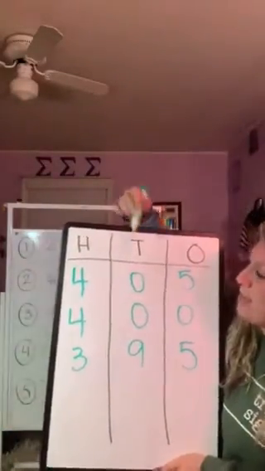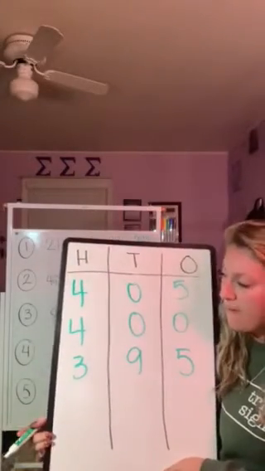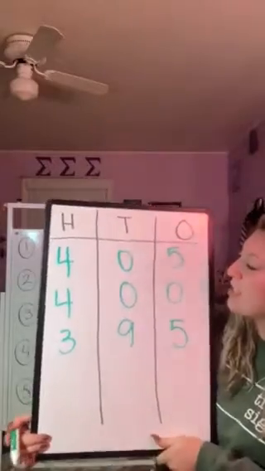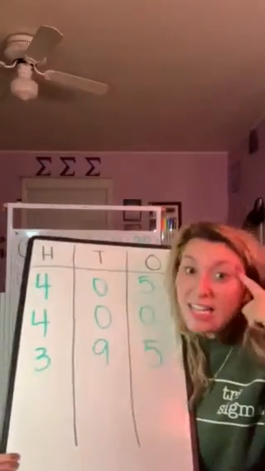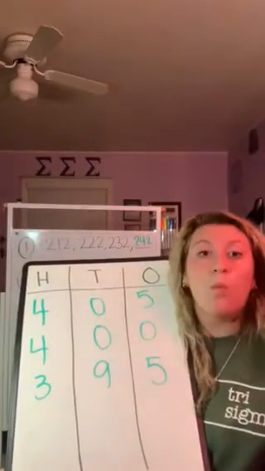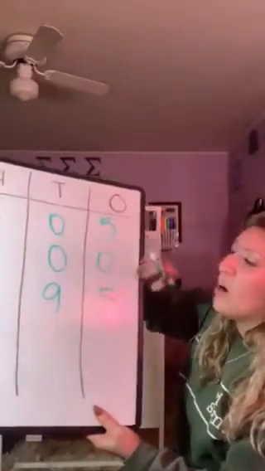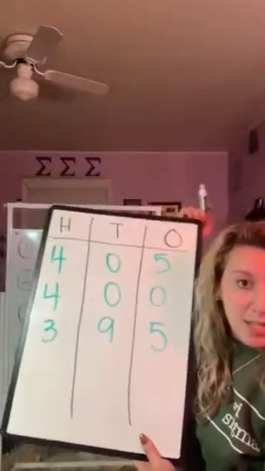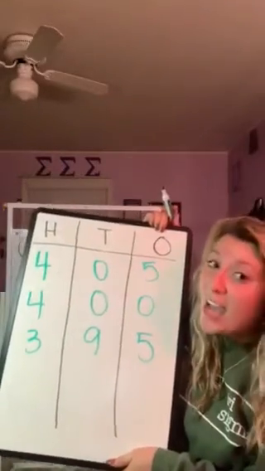I have a 0 and a 9 in the tens place. And in my ones place, I have a 5, a 0, and a 5. Ding, ding, ding. I'm thinking about a pattern that we've talked about before. Which pattern counts with a 5, a 0, and then a 5 in the ones place? That's what happens when we count by fives.